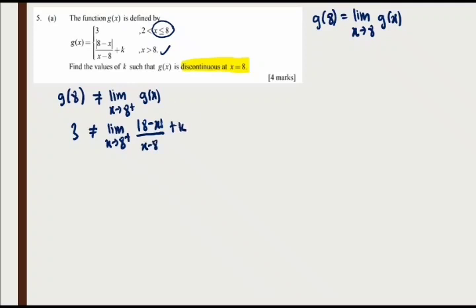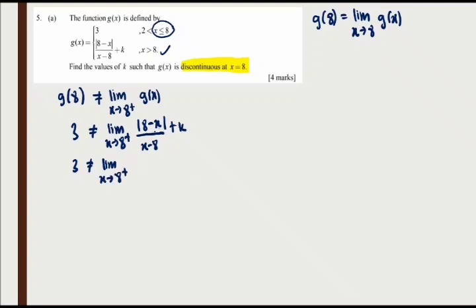So when we have it like this, what we're going to do next is, this left hand side will just stay the same, so we will operate on the right hand side. We will have the limit as x approaches 8 from the right.